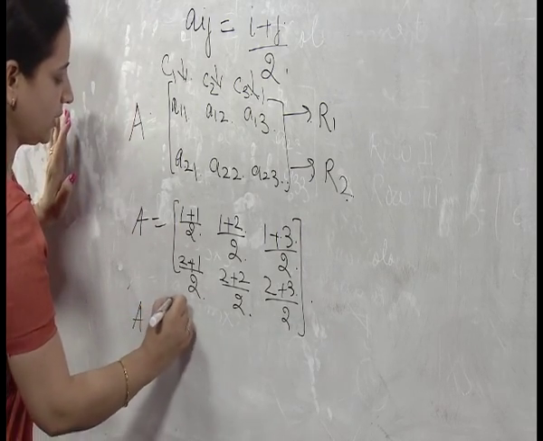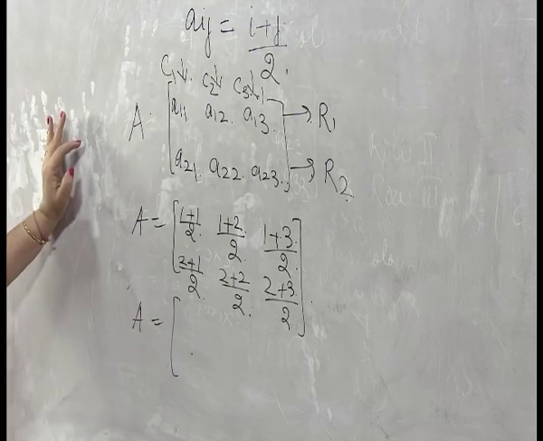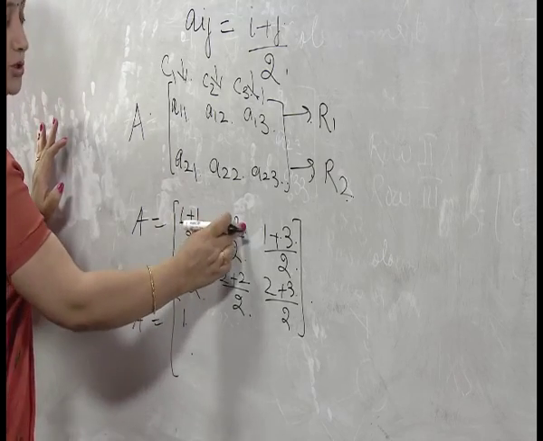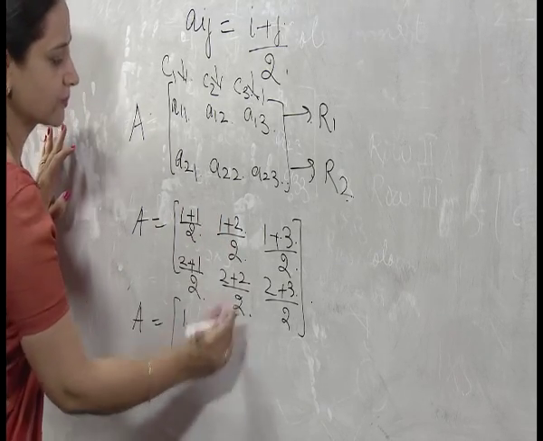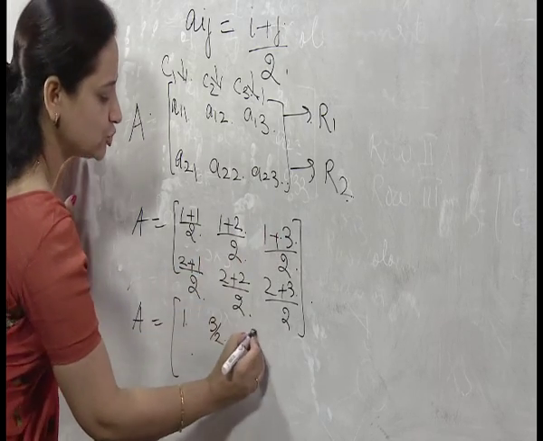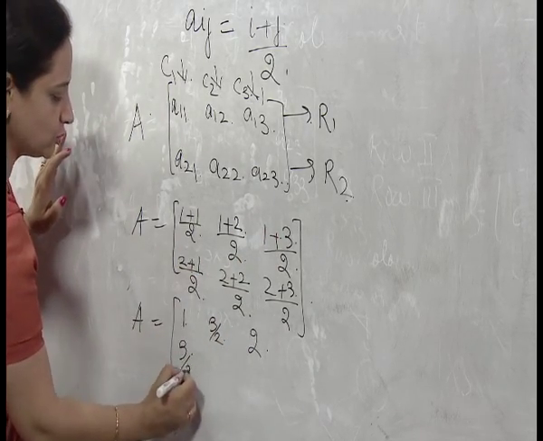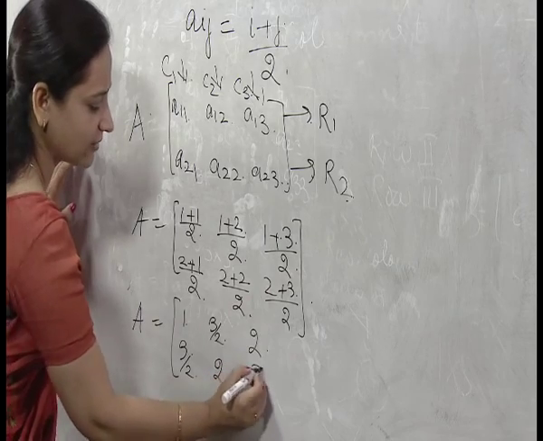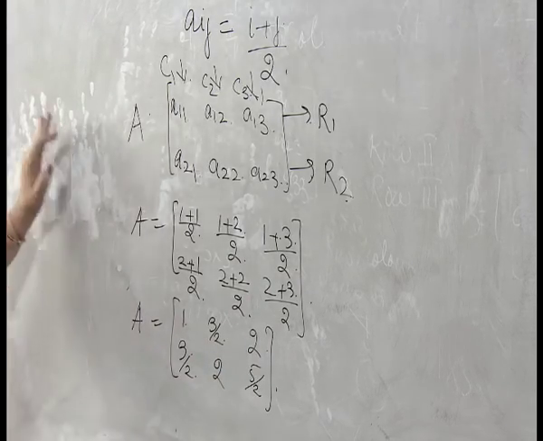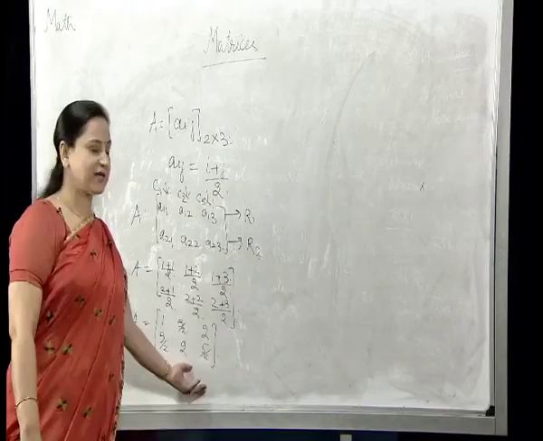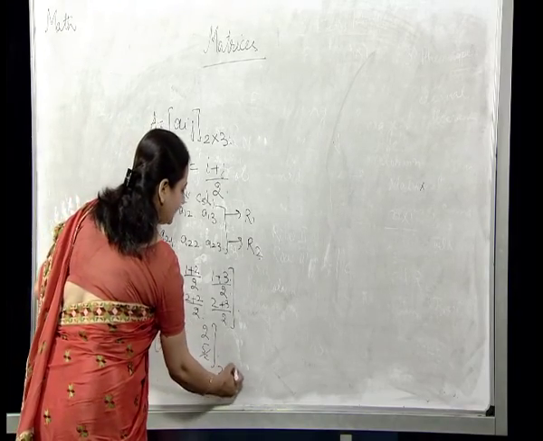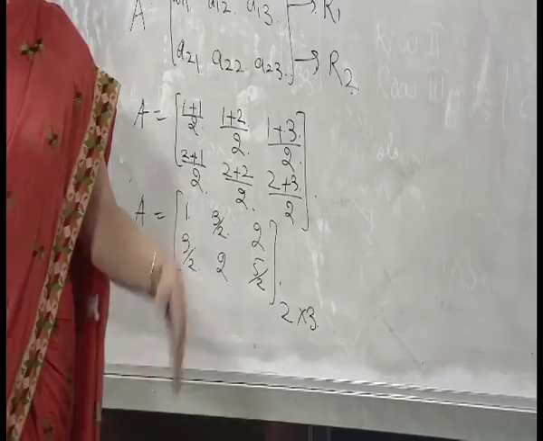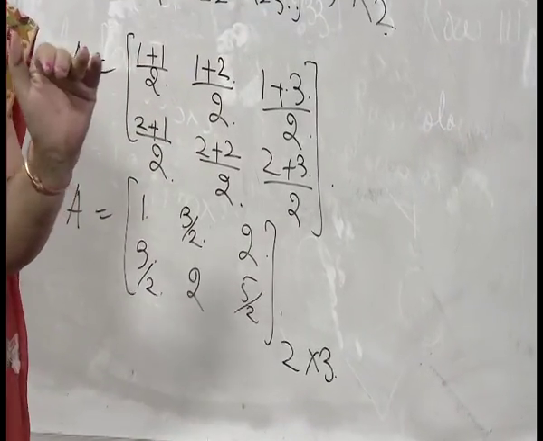So now we can simplify and write the elements of the matrix. (1 plus 1) by 2 is 2 by 2, which is 1, then 3 by 2, then (2 plus 1) by 2 is 3 by 2, then (2 plus 2) by 2 is 4 by 2, which is 2, and this will be 5 by 2. So now you have constructed a matrix of order 2 by 3. This is how we construct a matrix of given order.